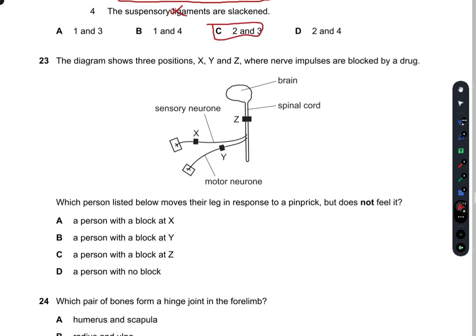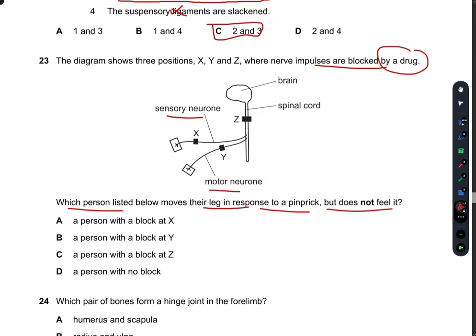The diagram shows three positions X, Y, and Z where nerve impulses are blocked by a drug. Which person listed below moves their leg in response to a pinprick but doesn't feel it? This is the X position, Y is the motor neuron, and this is the sensory neuron.